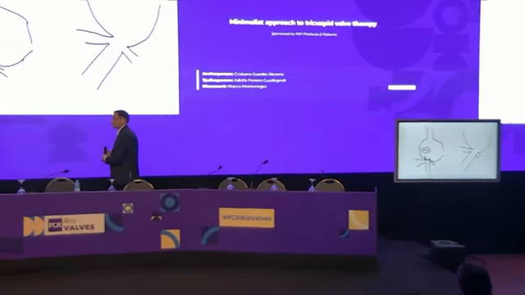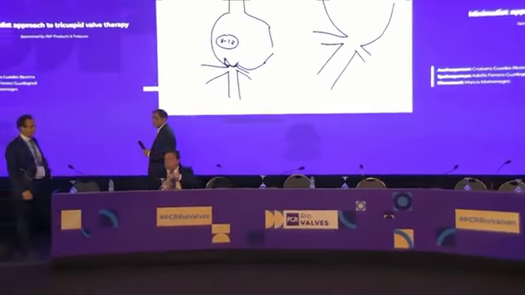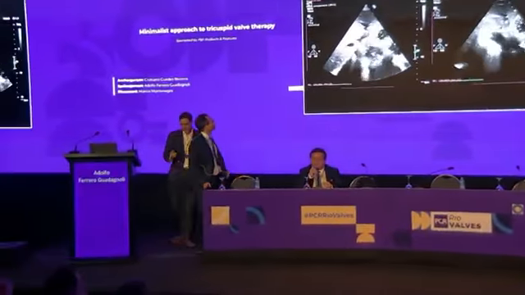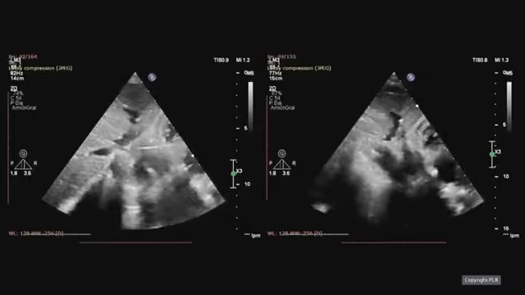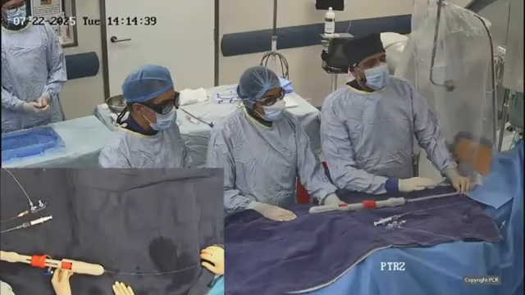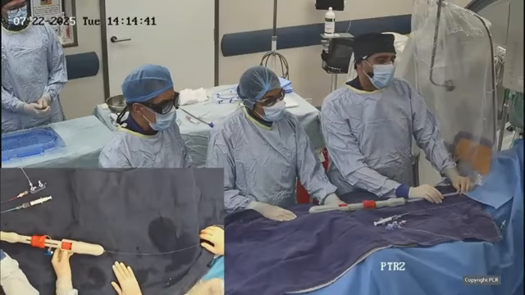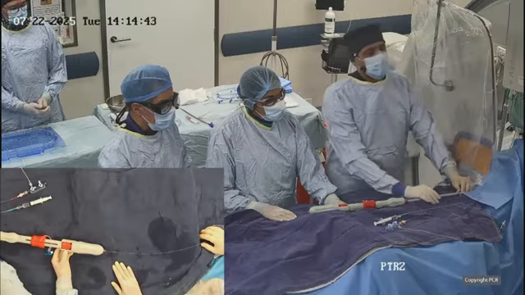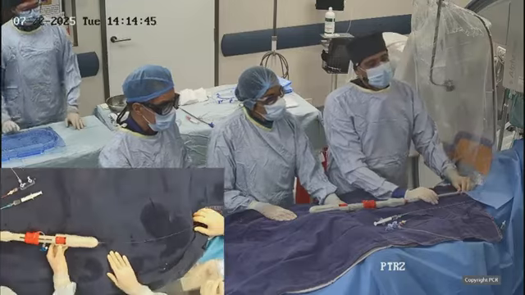The window we normally use is subxiphoid, and we try to look at the entrance of the hepatic vein in the atrium. So this is perfect.